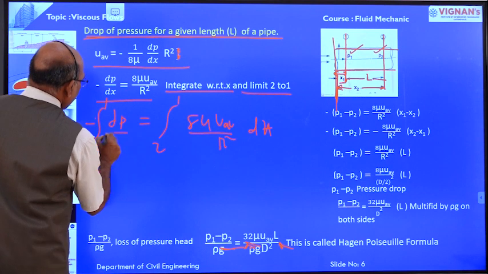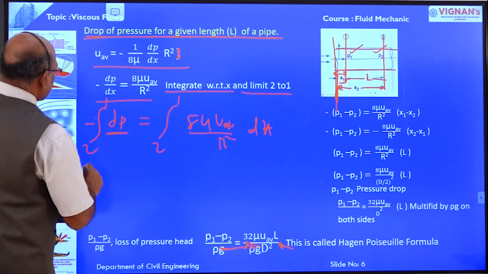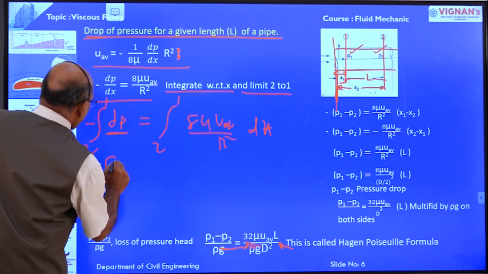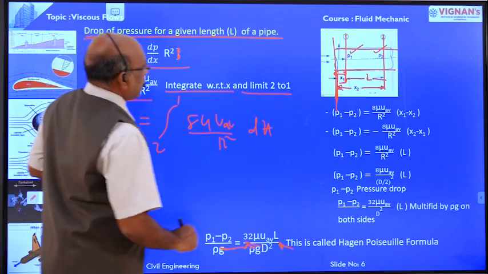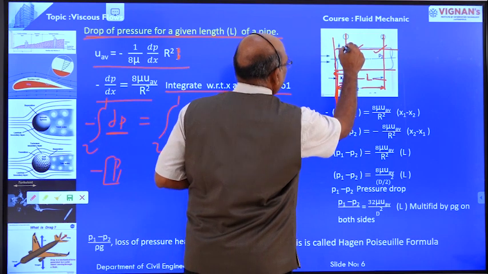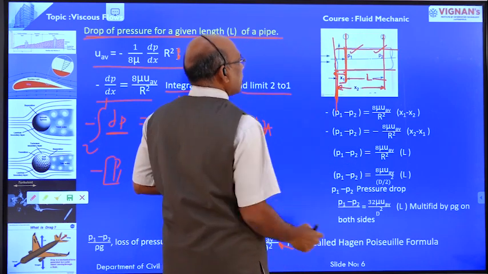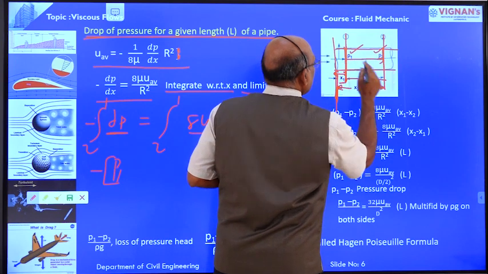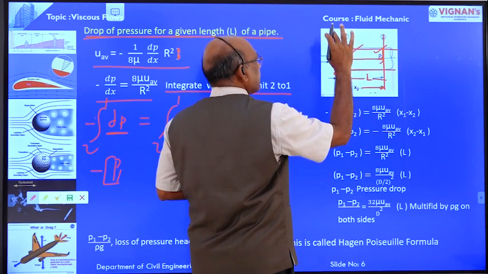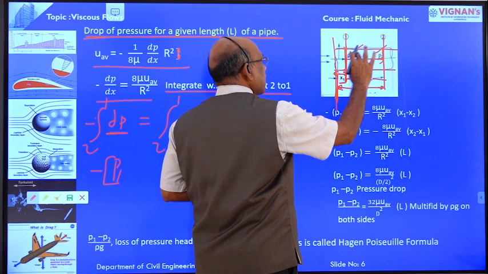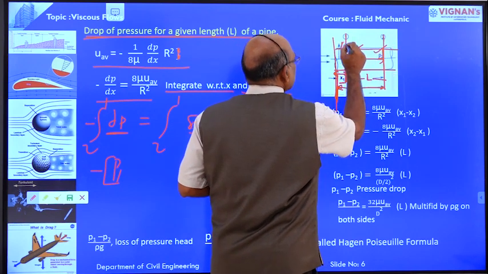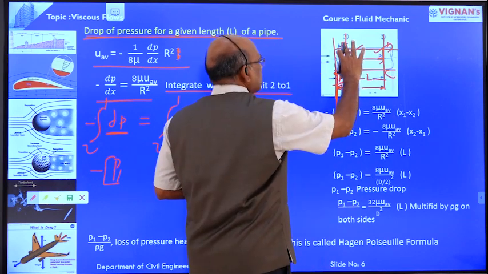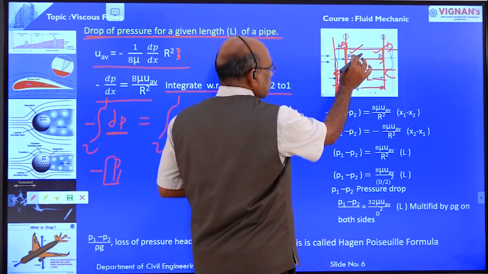Therefore, dou p is nothing but the change in pressure, minus P1, that is the pressure at section 1. The pressure is more here and less there.